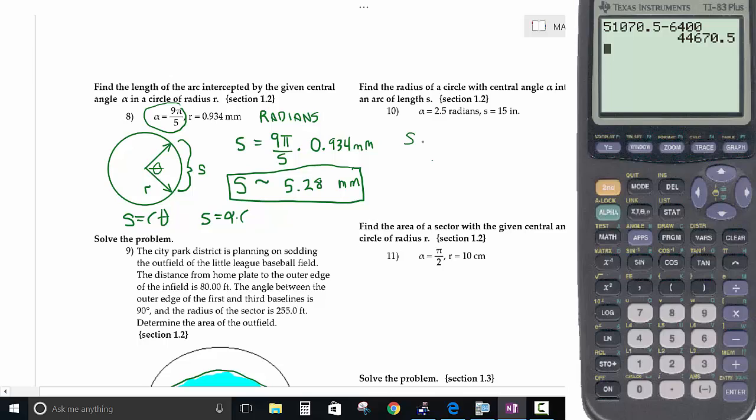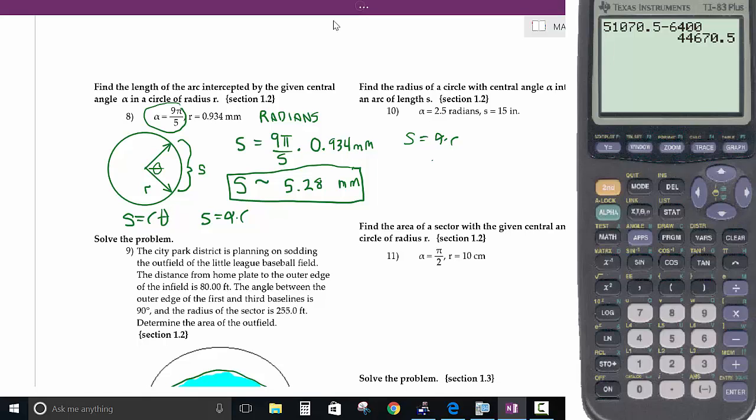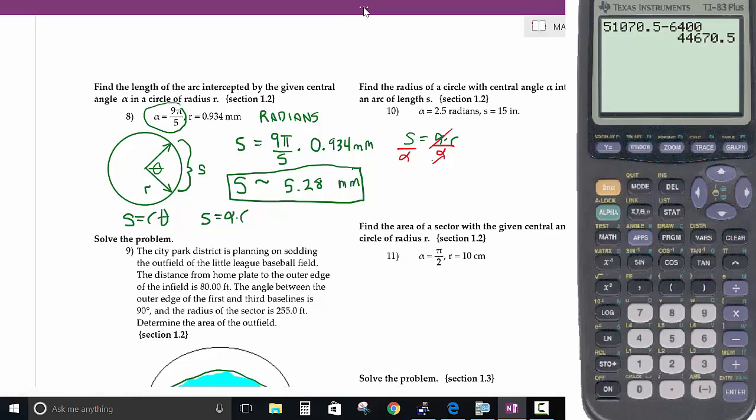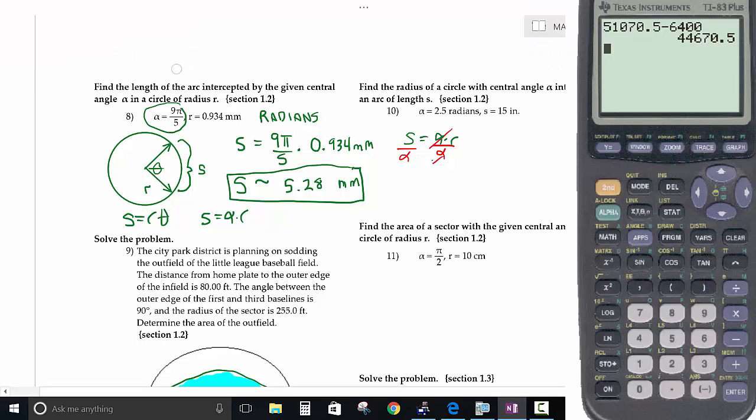So we have S equals alpha times R. So if I want to find the radius, I can go ahead right now and divide both sides by alpha. Of course, that will cross out that value of 1 there, so we'll end up getting R is equal to the ratio of S over alpha.